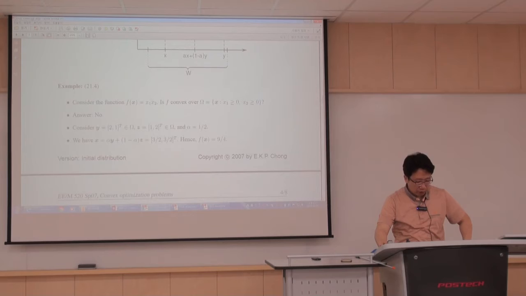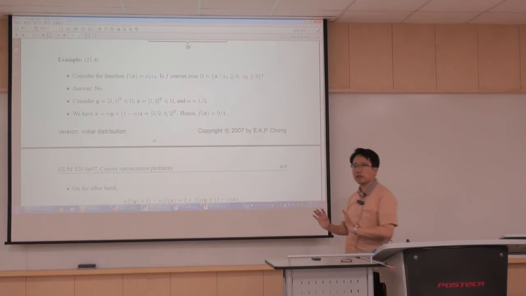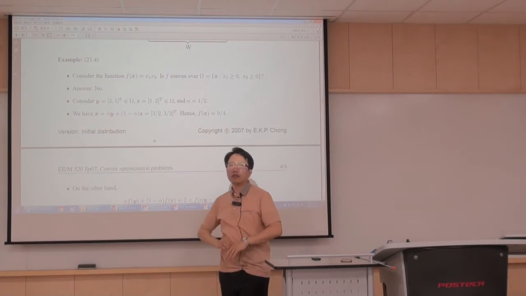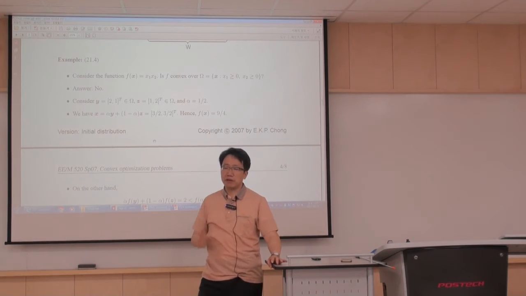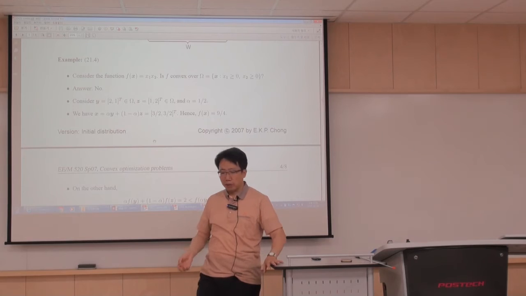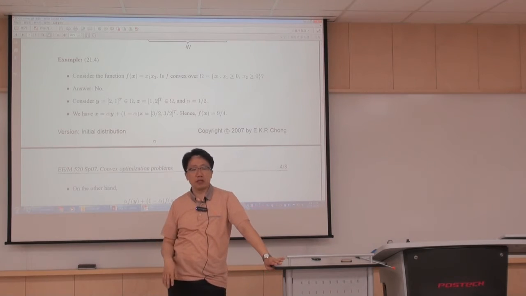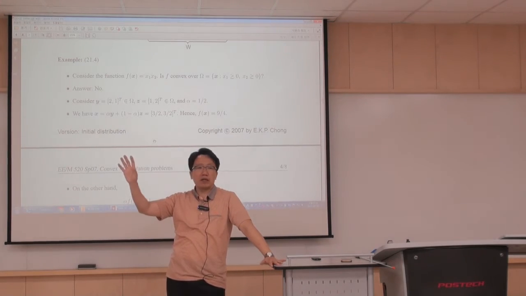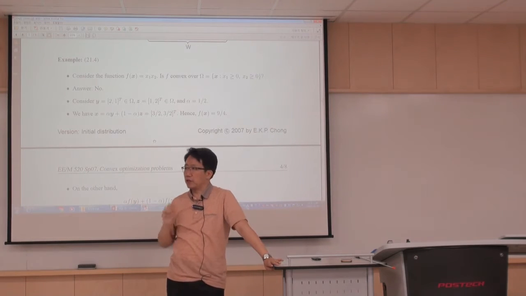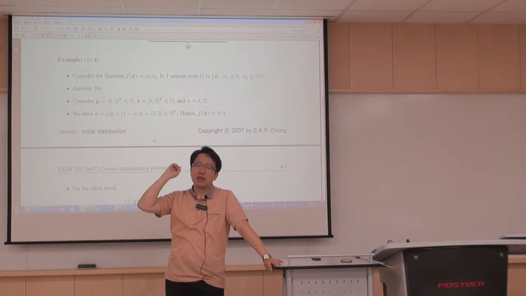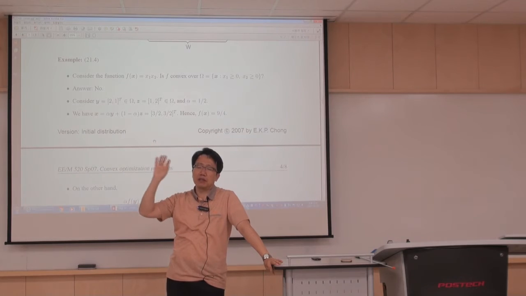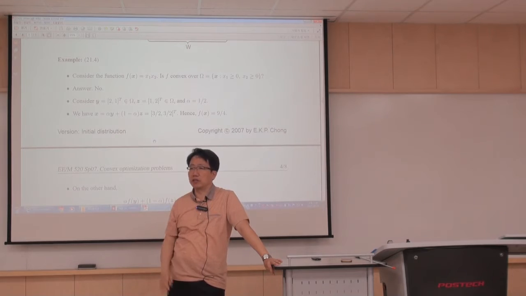Now, you may say, are we done? Yes, very simple. The convex set is a very simple set. Convex function is very simply defined. Now, let me formulate an optimization problem with a convex objective function, minimization of a convex function subject to a convex constraint set.